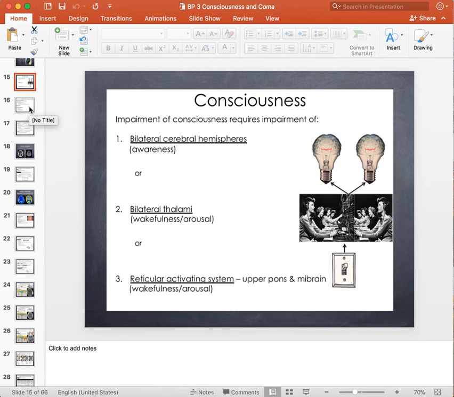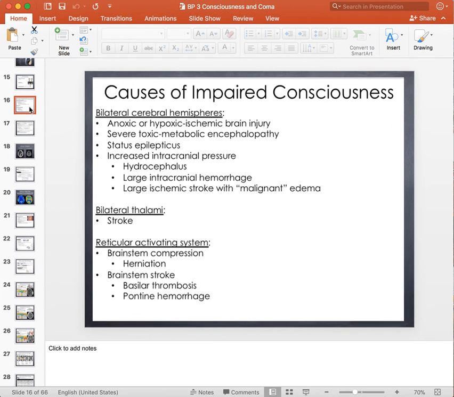But you can have your reticular activating system working without the cerebral hemispheres working. Absolutely, and that is often described as a vegetative state. Yep. So let's move on to how this actually happens.